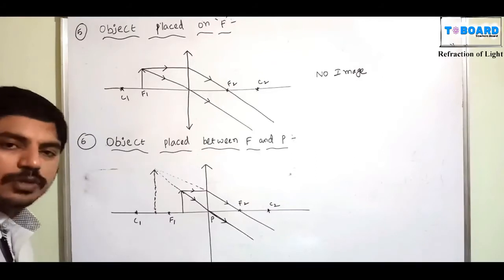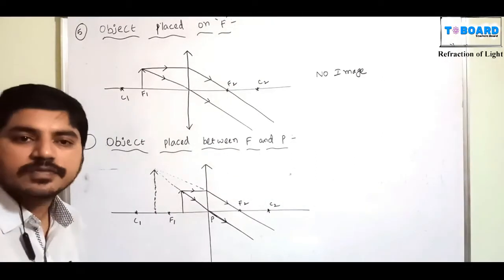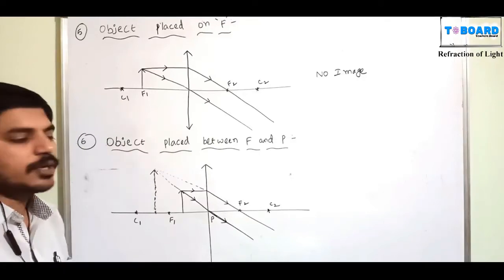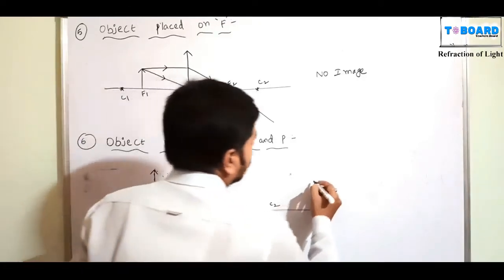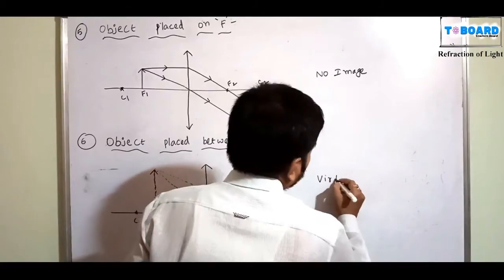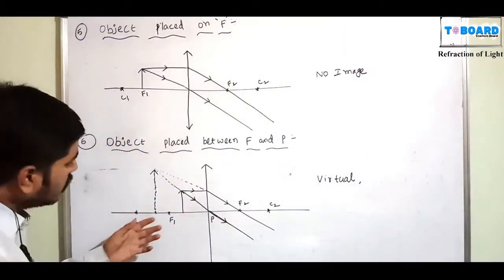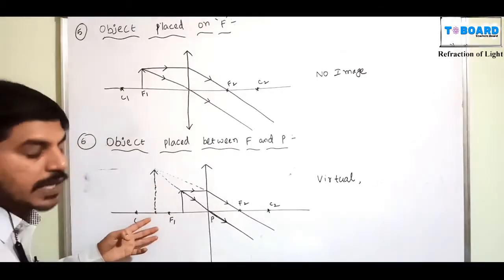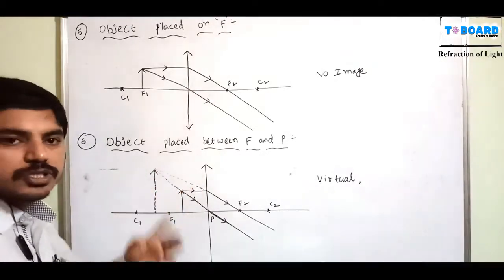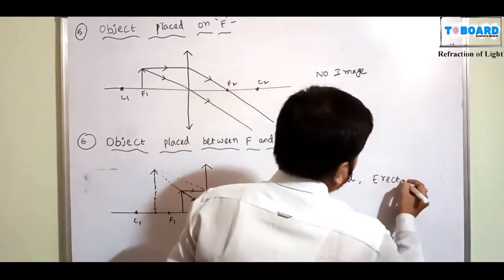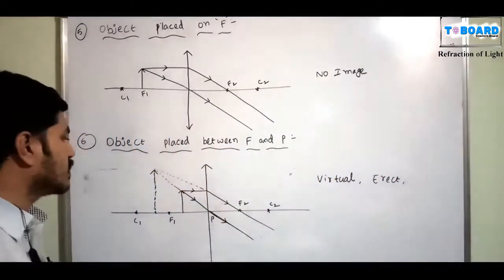So what do we call that kind of image, which is not real? Virtual images. So I am going to write the characteristics: virtual image, and next, erect. It is not inverted, that's why it is erect. And what about the other characteristic?